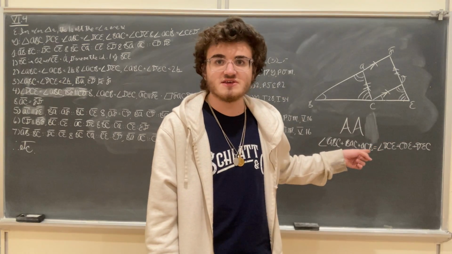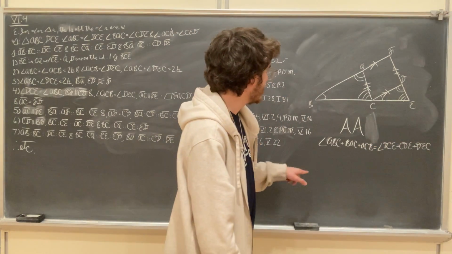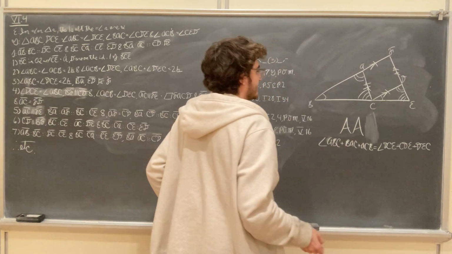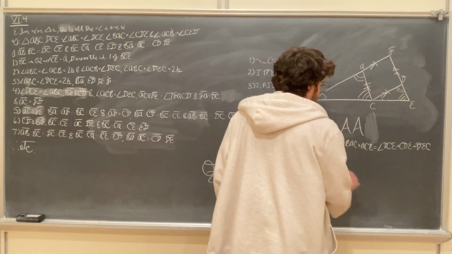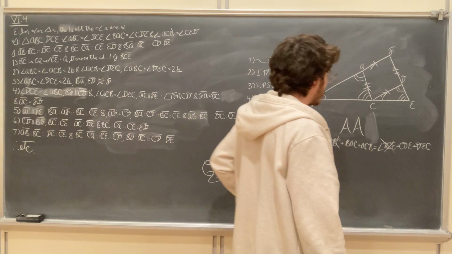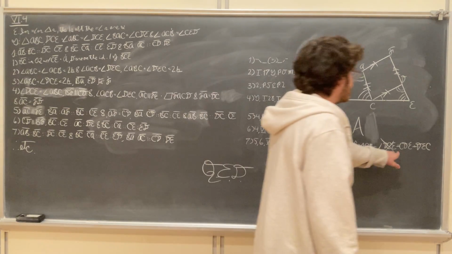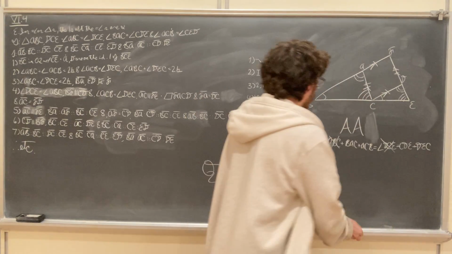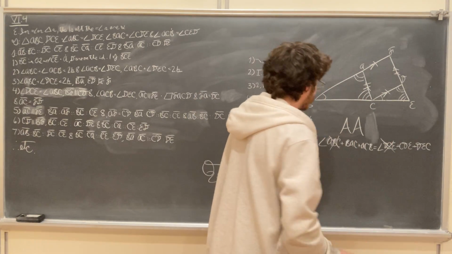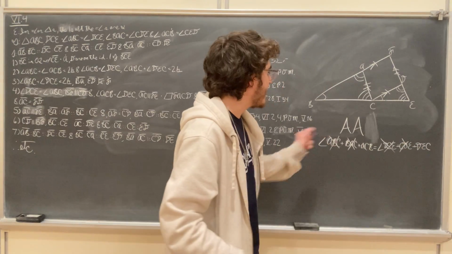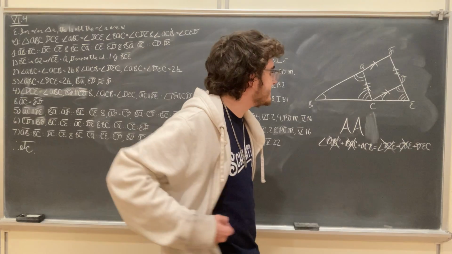And we know that 2 of these angles are equal to 2 of these angles. So we know that, for example, ABC is equal to DCE. So by common notion 3, we can subtract that from both sides and say that the angle BAC plus the angle ACB is equal to the angle CDE plus the angle DEC. But again, if we know that the angle BAC is equal to the angle CDE, we can subtract that again and say that the angle ACB is equal to the angle DEC.